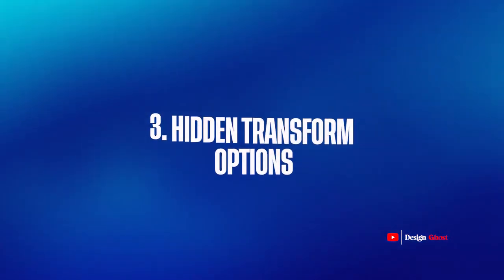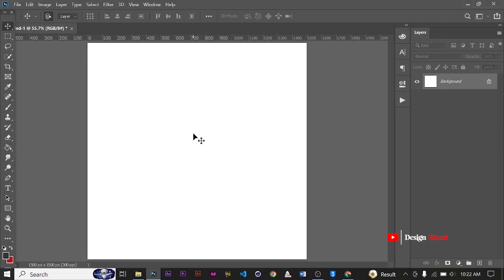3. Hidden transform options. Now, there are hidden transform options in our transform that so many designers are not aware of. Okay, these transform options help you to transform or customize your transform in whichever way that you want. What do I mean by that?